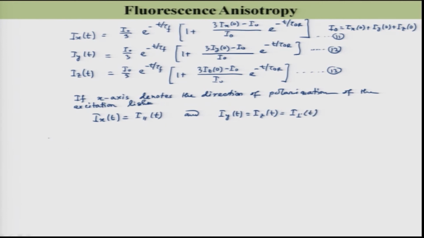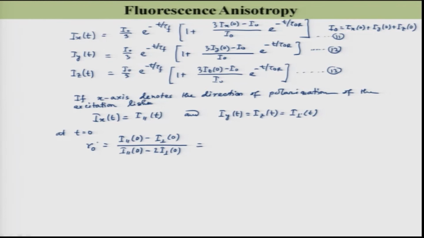So, for this at t equal to 0, I can simply write R 0, right, equals I parallel 0 minus I perpendicular 0 by I parallel 0 plus twice I perpendicular 0.